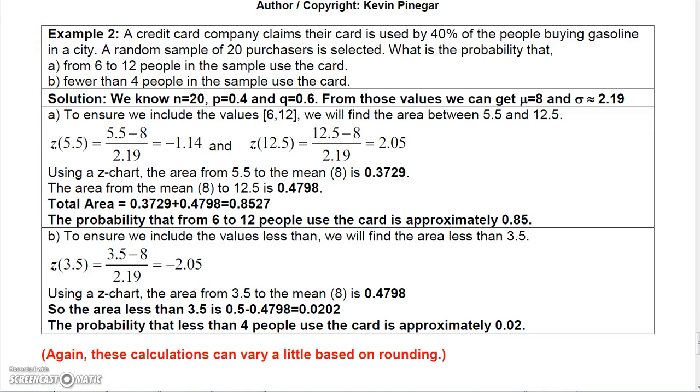It depends on who your teacher is and how accurate they want the answer. So that's the end of the statistics videos, and in the next chapter we'll do something new.